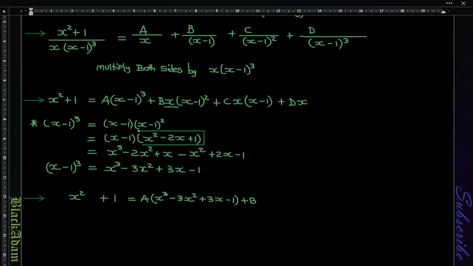Multiplying b by x gives us x to the power 3 minus 2x to the power 2 plus x, and then we have cx, that multiplied by x will be c bracket x squared minus x, and then we have plus dx.